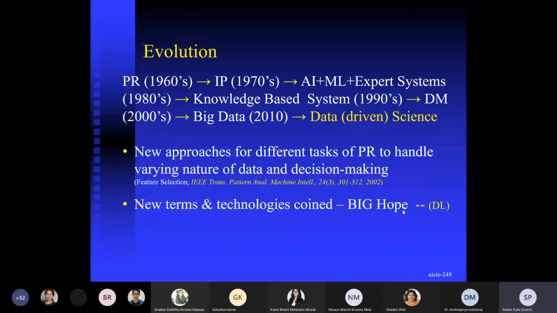Why I'm telling you: when we started working in neural networks in the middle of the 1980s, we had very big hope that it would emulate the information representation scheme of the human brain. It would represent the biological nervous system. But then we realized it's not that easy. It's a highly interdisciplinary topic.